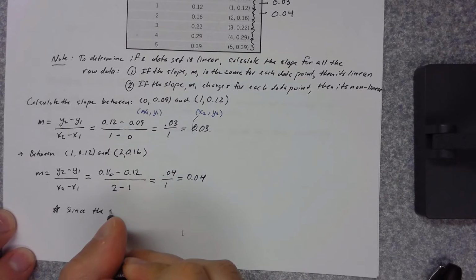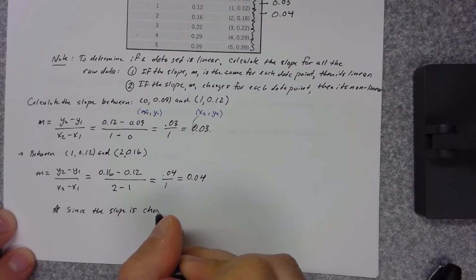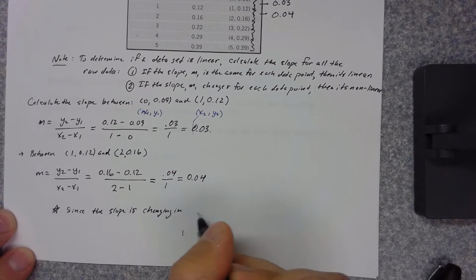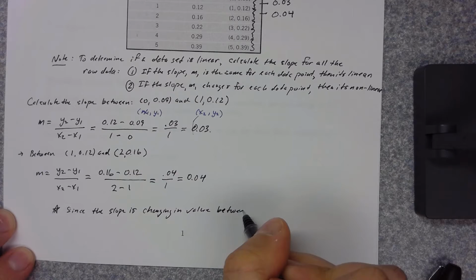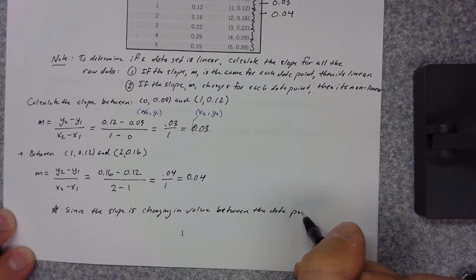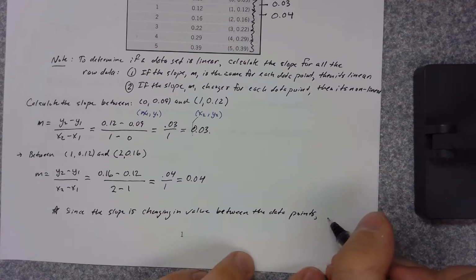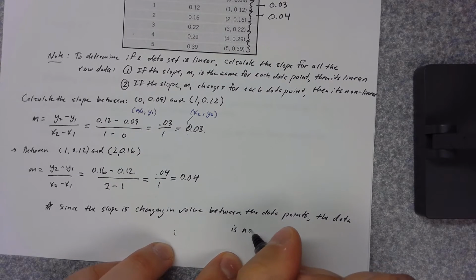Since the slope is changing in value between the data points, the data is non-linear.